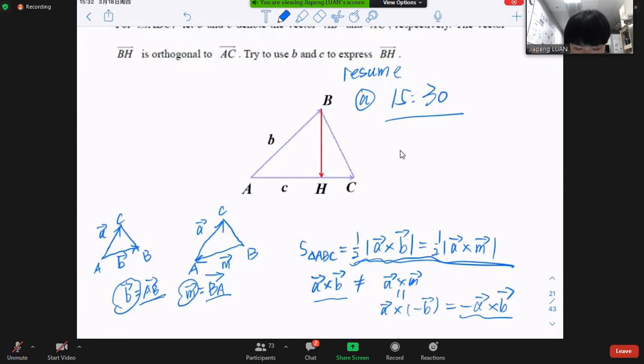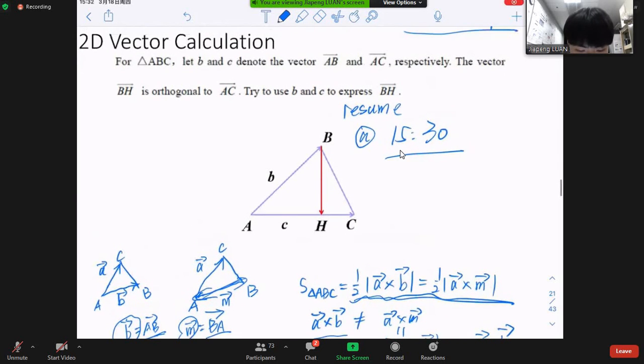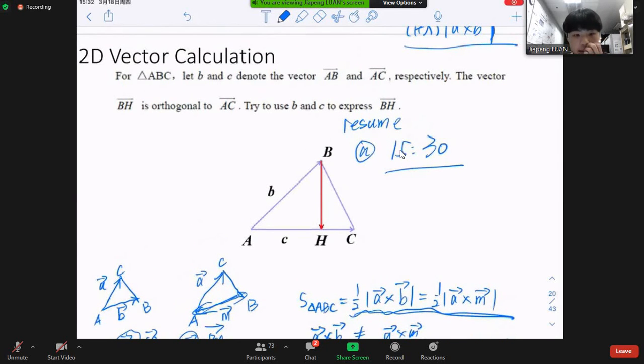So if you want to calculate the area of a triangle, no matter whether the direction is AB or BA, okay.